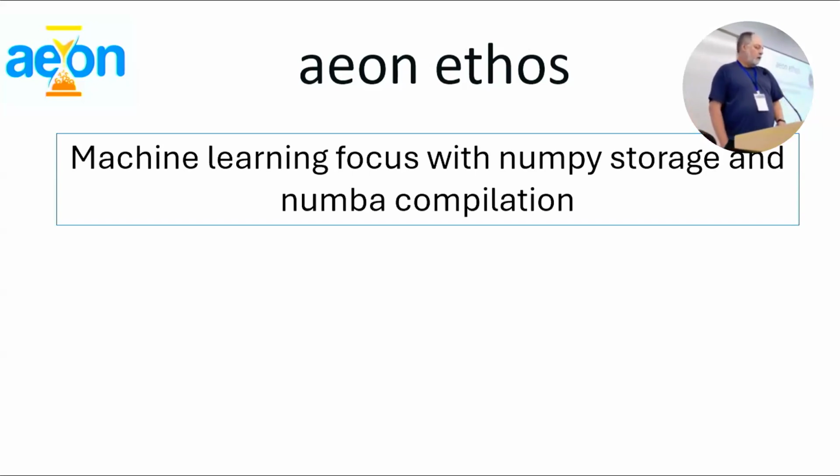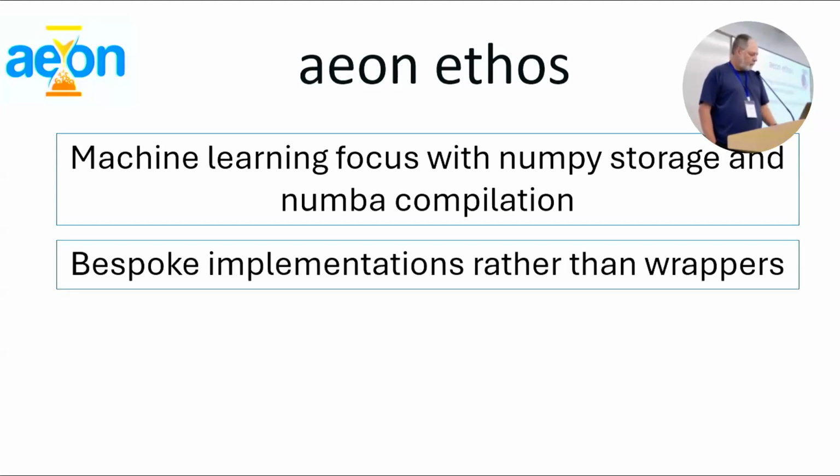And we focus on Numba. So algorithms implemented with NumPy arrays and Numba compilation. We're interested in bespoke implementations rather than RAPIDS. Now, I love the whole ecosystem thing. It's great to have an ecosystem, but I'm also an engineer. At heart, I am an engineer, I feel.